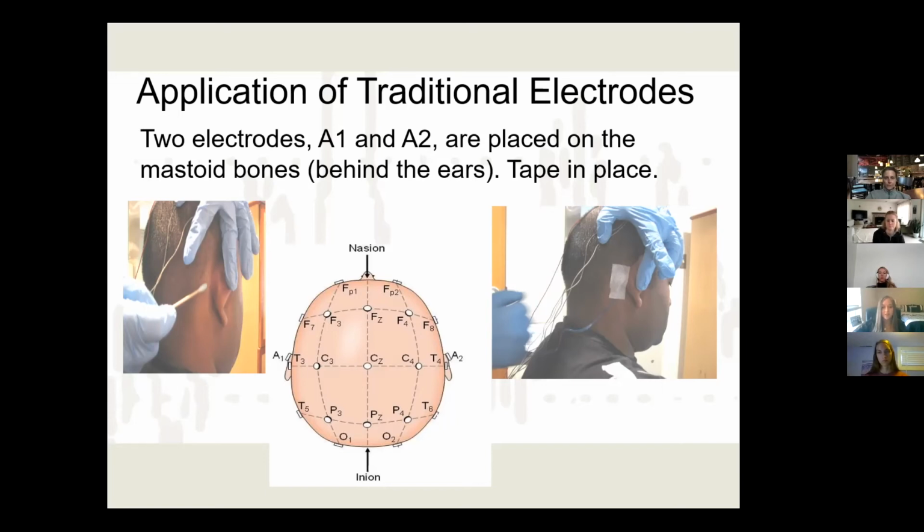Yeah, and everything's always cross-referenced. So C4 would always be referenced to A1 because it's on the opposite side of the head, and C3, F3, O1 are always going to be referenced to A2. And you'll see that in the PSG trace. If all three of these electrodes have a horrible trace, you'll see that they're all referenced to A2, and then you can go in and say, okay, I need to replace the A2 electrode.